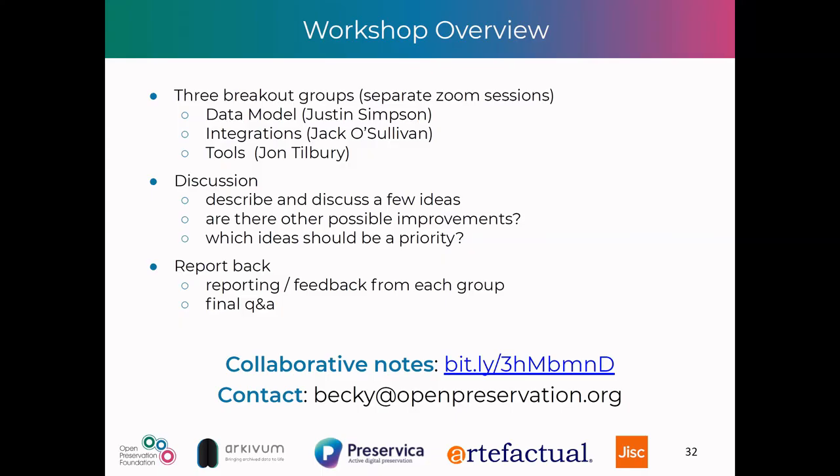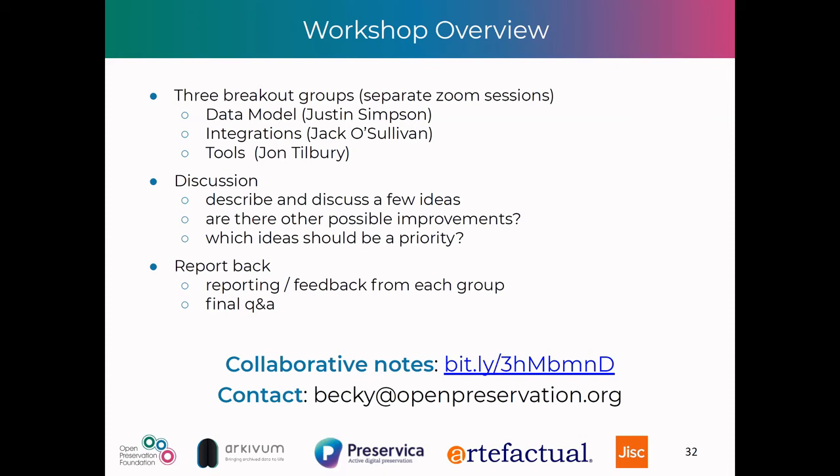Set this up where we're going to have three separate breakout groups after our break. We're going to talk about the three categories of the roadmap that John described. In each of those breakout groups, we will present some information about the topics we've identified that we think need to be in the roadmap, and give our explanation of why those are issues or what could potentially be done.